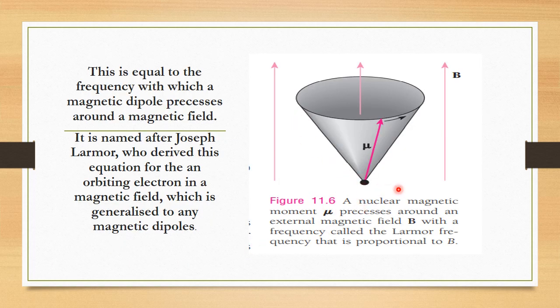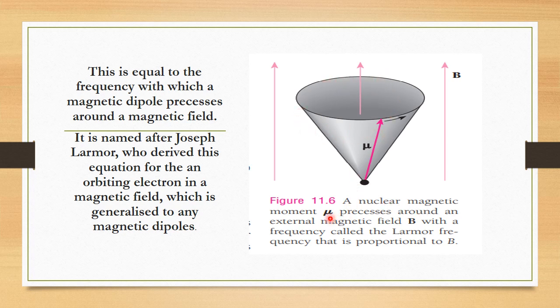Larmor frequency is the frequency with which any magnetic dipole precesses around a magnetic field. If mu is the magnetic moment, in a magnetic field it precesses around the B field.